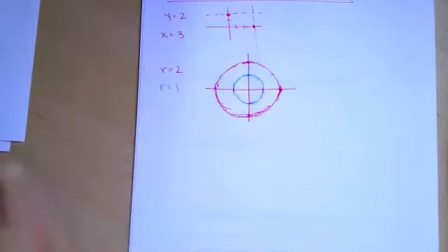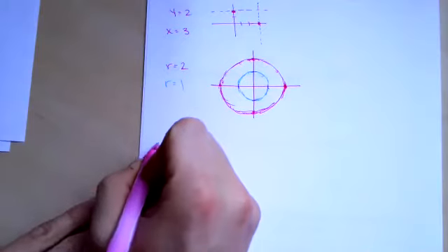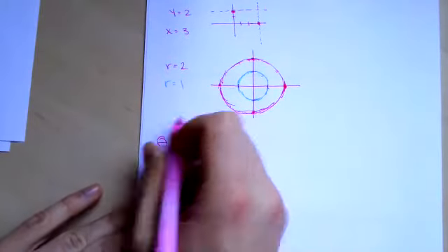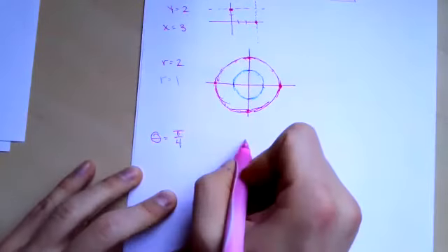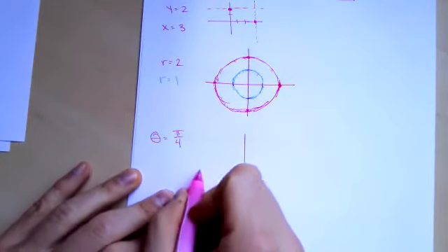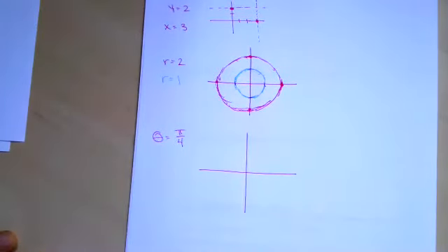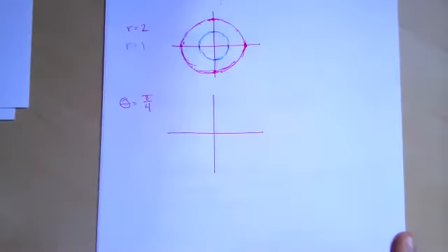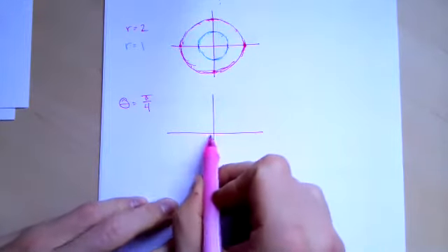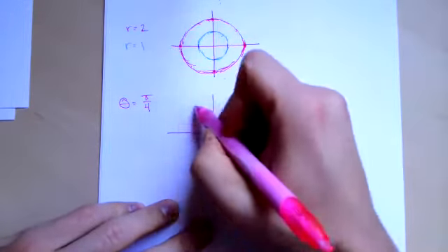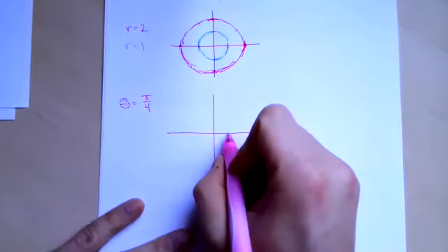What about constant thetas? So what if I say theta is equal to pi over 4? What are those kinds of curves going to look like? Well, now it's saying my radius can be anything. I can go radially outward, but my angle has to be a fixed pi over 4.